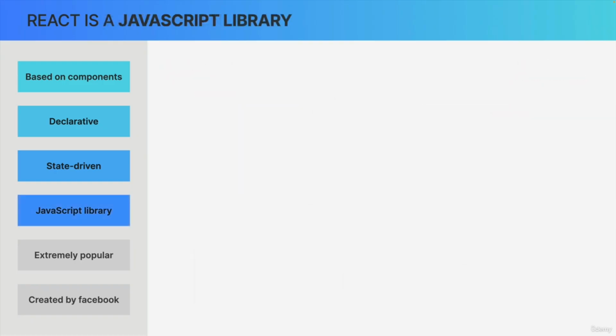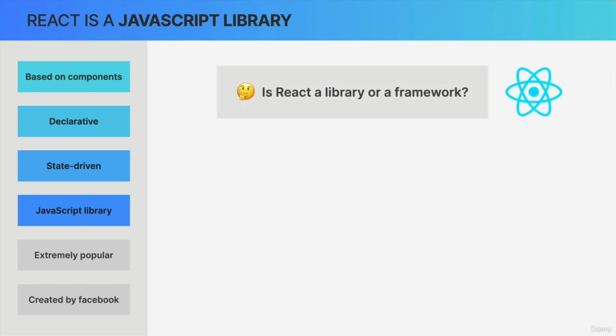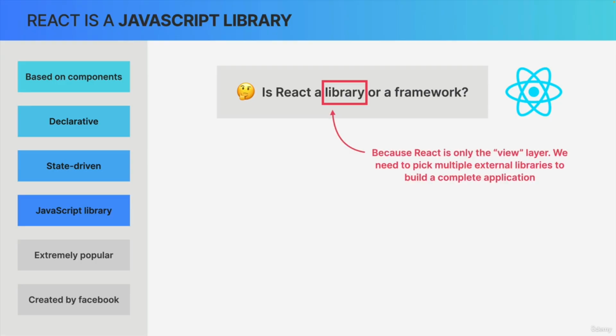Now, there's always been some debate over whether React is actually a framework or just a library. Well, the short answer is that React is actually just a library, even though I keep calling it a framework. And the reason for that is that React itself is really only the so-called view layer.